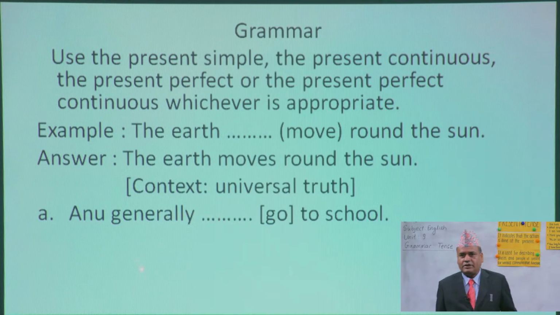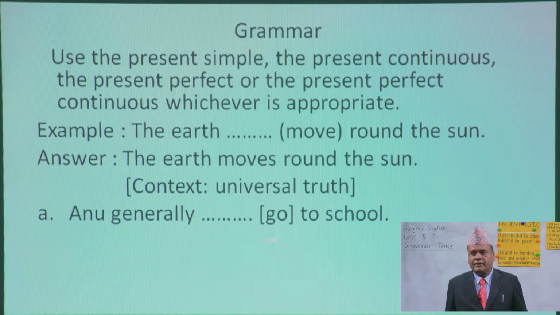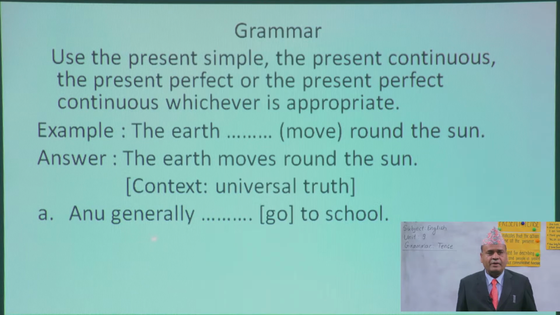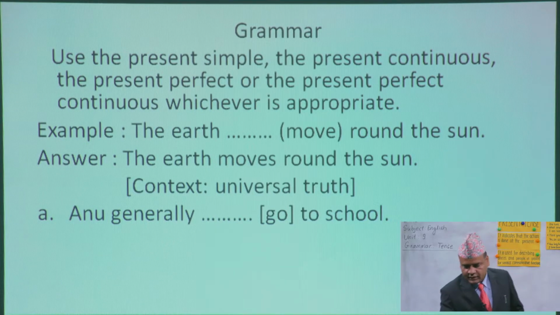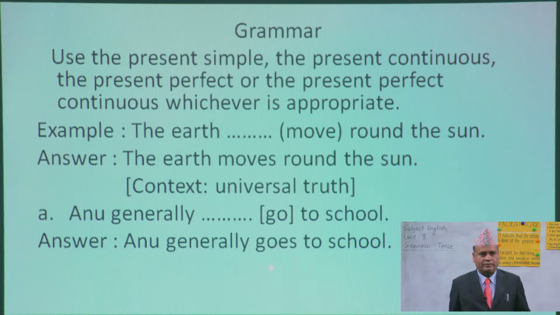Now, let's look at the exercise in your book. Anu, generally, the verb is go to school, right? You can guess. Anu is a singular subject. Generally, it refers to her regular routine or habit. Okay? So here we can use, Anu generally goes to school.